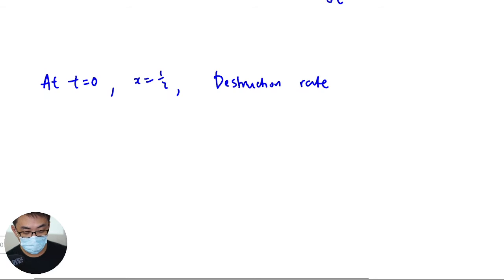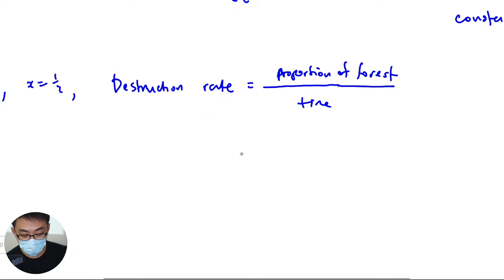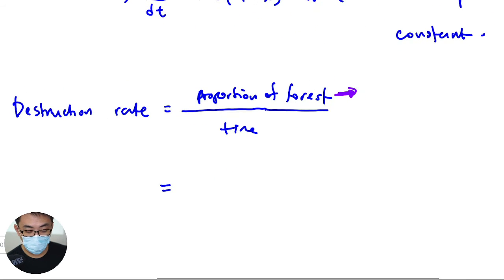The destruction rate is the proportion of forest burned over time. Now, the remaining proportion of forest is how much?